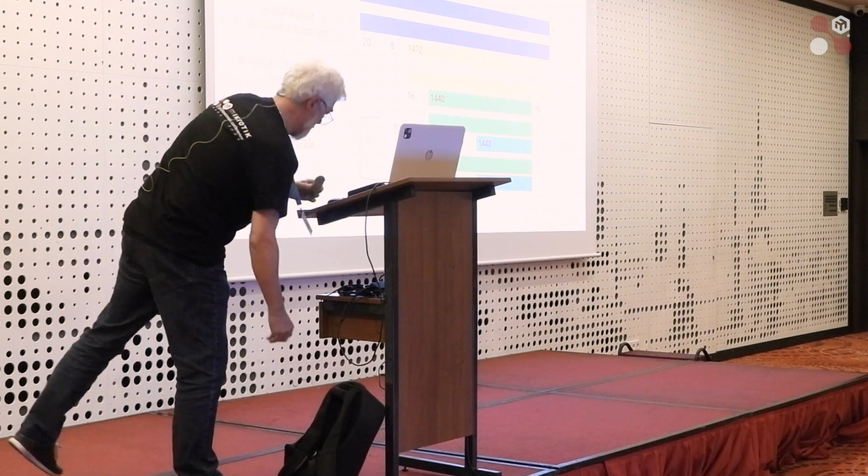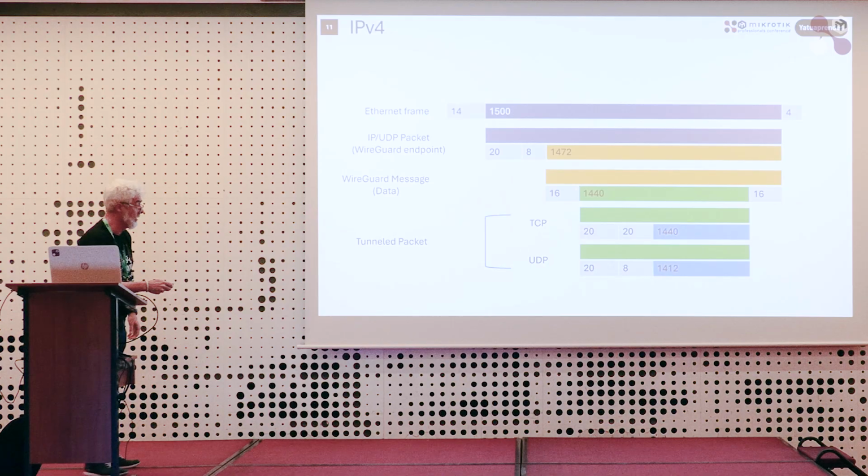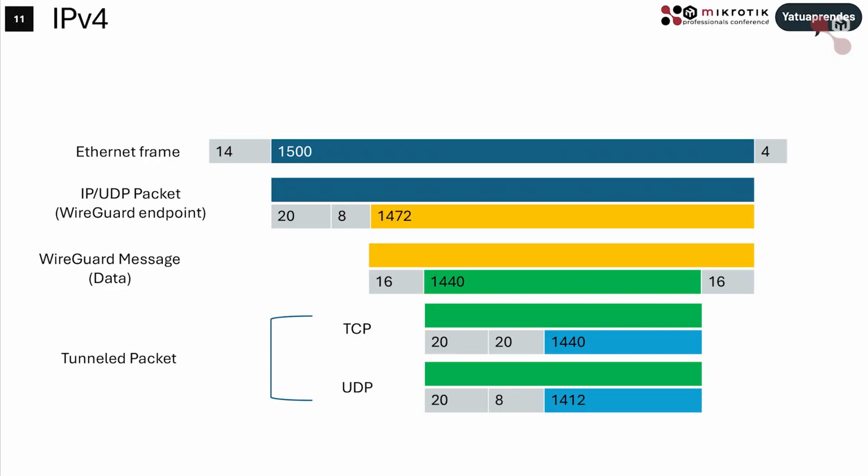Then we have 16 bytes of WireGuard header in the message data and the same amount of bytes of the trailer to be a multiple of 16 bytes.